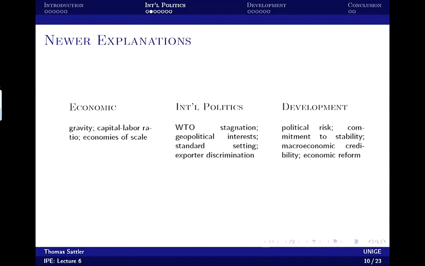The development argument obviously does not apply to preferential trade agreements between Canada and Europe. Here we more see the exporter discrimination, and the standard-setting argument is more plausible. But if we want to explain the preferential trade agreements between Europe and a developing country, Egypt for instance, then these arguments are obviously more useful.